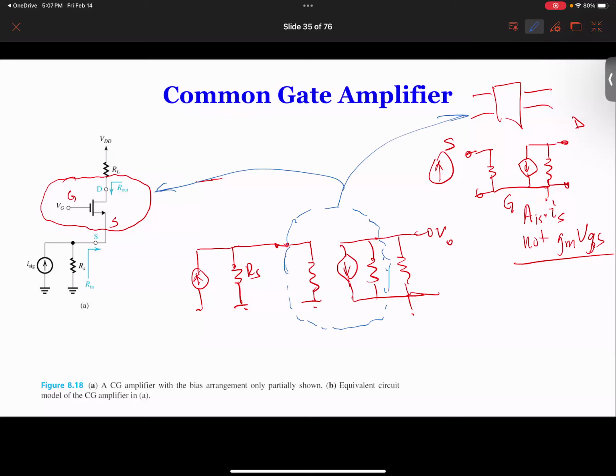The middle part is the MOSFET. Again, this is not a pi model because the pi model starts with G over here, but here it is not G. This is S. So this is S, this is G, and this is D. Because that is not the pi model, what you're seeing here is called Rin, this is called Iout, and this is called alpha times IS.